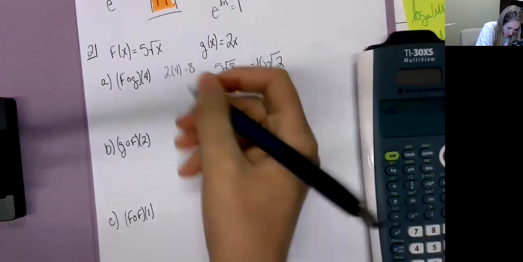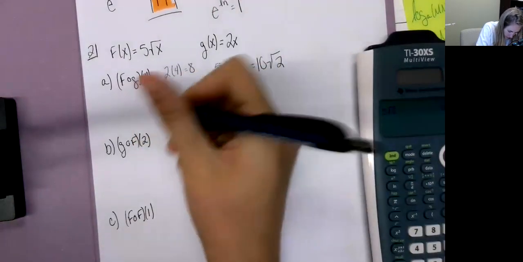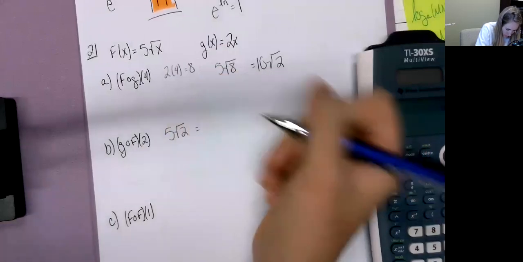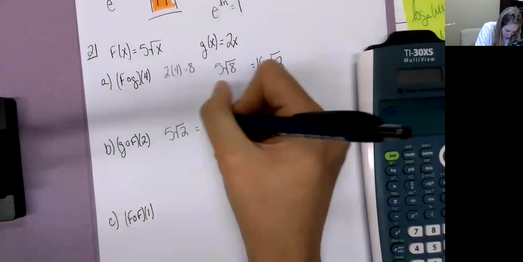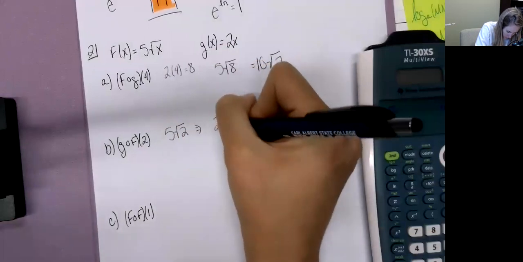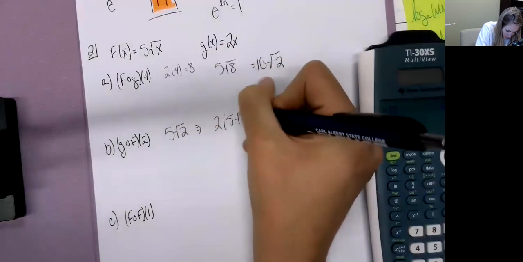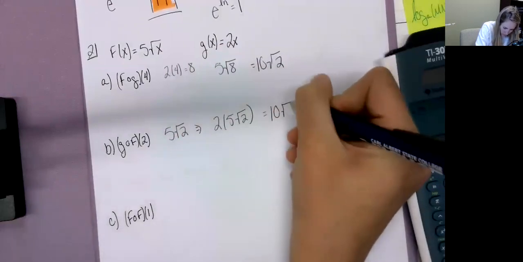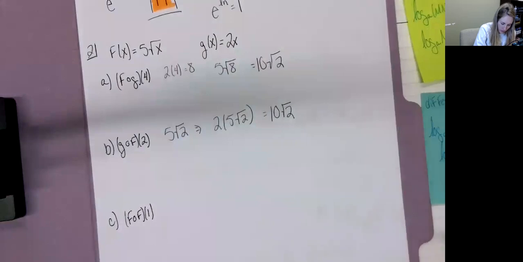G of f of 2. So first we're going to put x in for our f function, so we'd have 5 square root of 2. We're going to go ahead and put that into this one. So we'd have 2 times 5 square root of 2, which is going to end up being 10 square root of 2 as well, because 5 times 2 is 10.